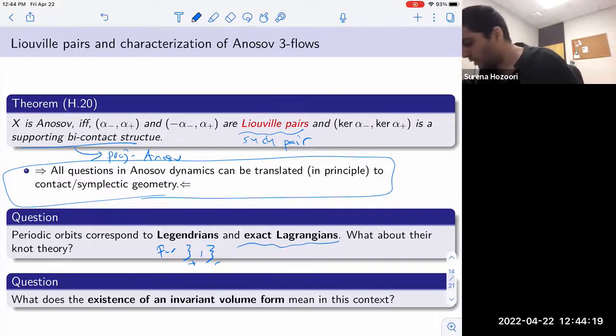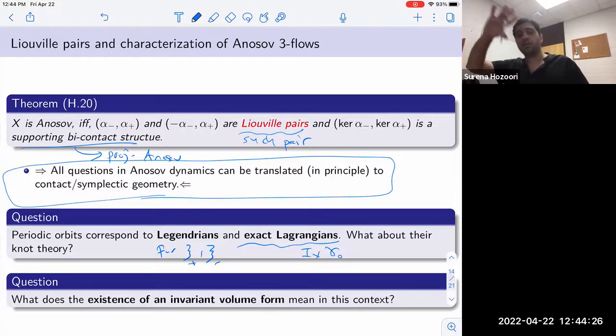And if you look at the interval times that periodic orbit, that would also give you some exact Lagrangian in the constructed Liouville manifold that I gave you. So how can we use all the machinery that we have for Legendrian knot theory, Lagrangians, and so on?